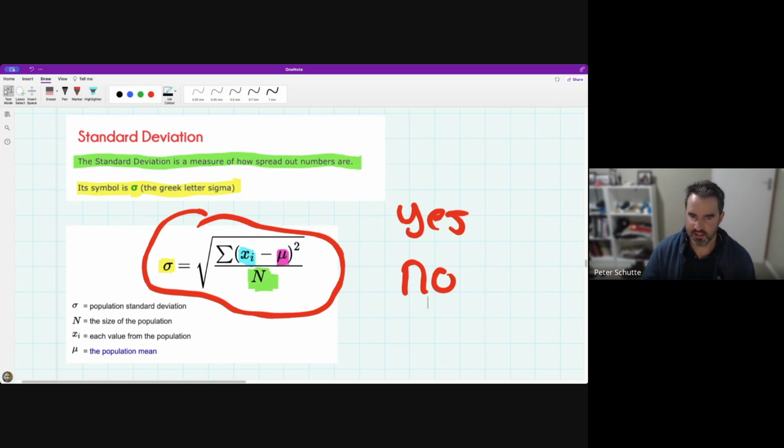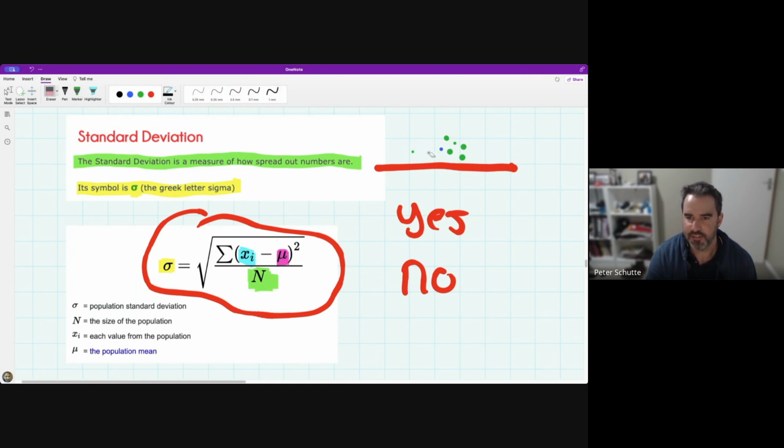So all it is, is a way of saying how far on average the numbers are from the mean, or the middle of the data. So if we have a data set and the mean, let's say, is here, if all of the other data set items are close by, we will have a low standard deviation because the distance between the mean and the data items is small.